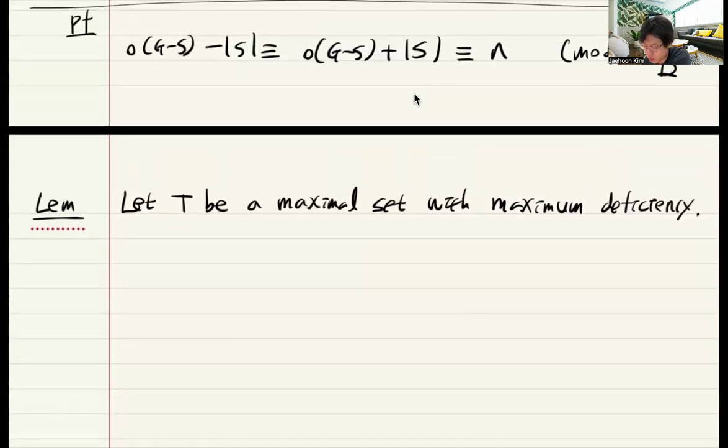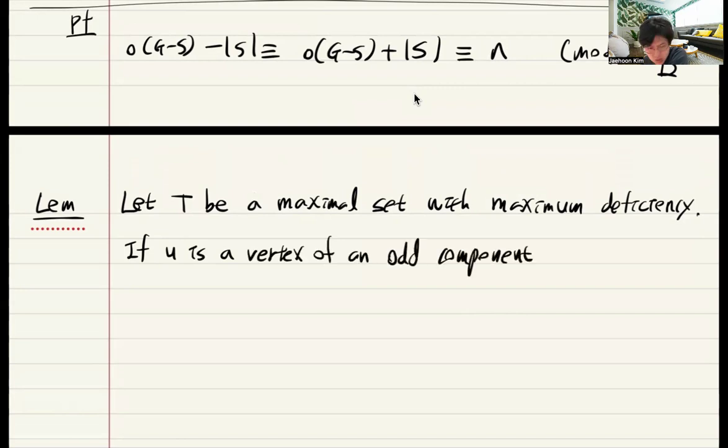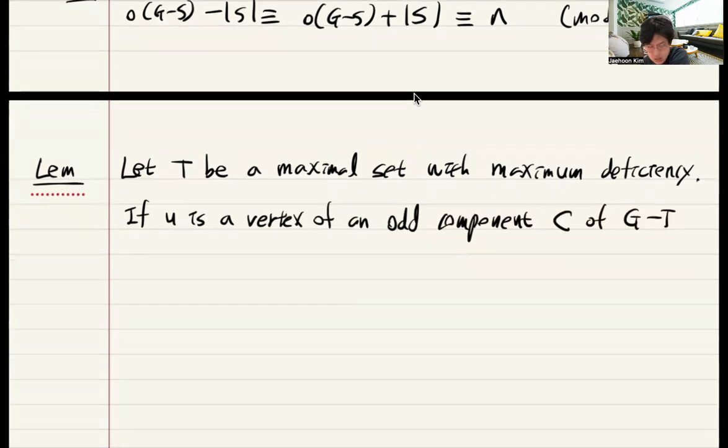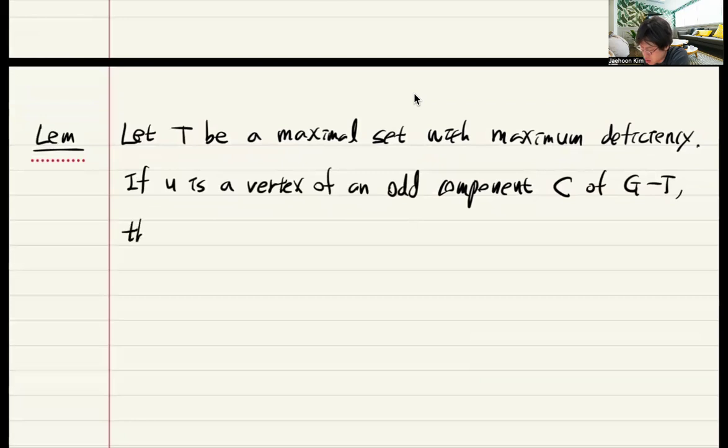So then what can we conclude? If U is a vertex of an odd component, say C of G minus T, then C minus U satisfies the Hall condition.